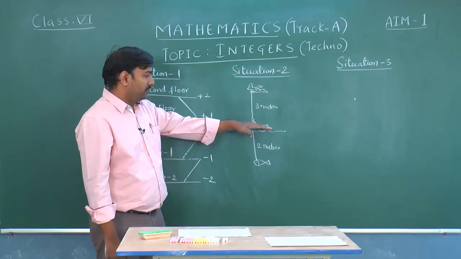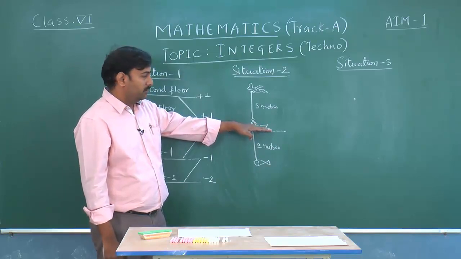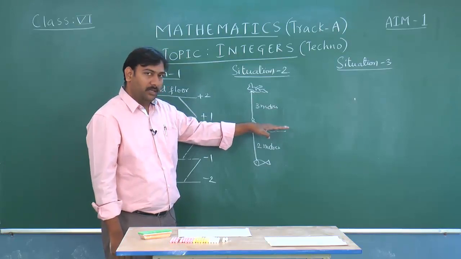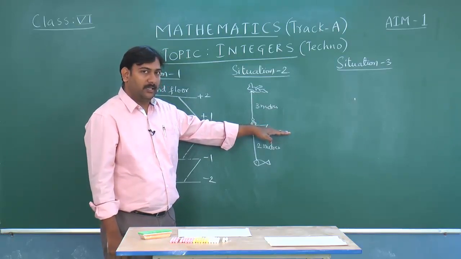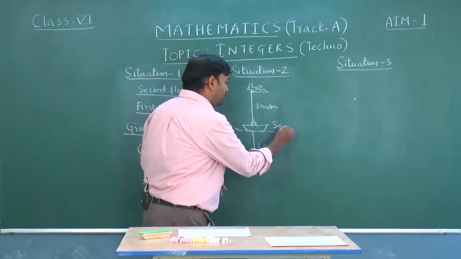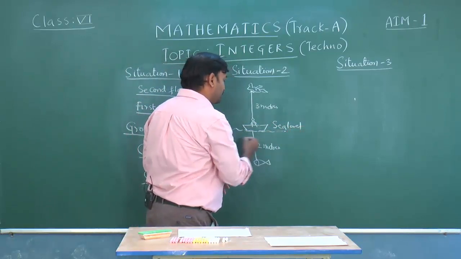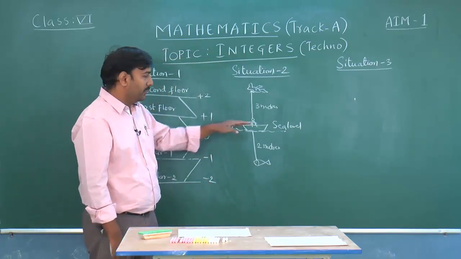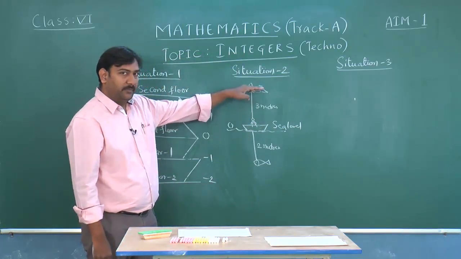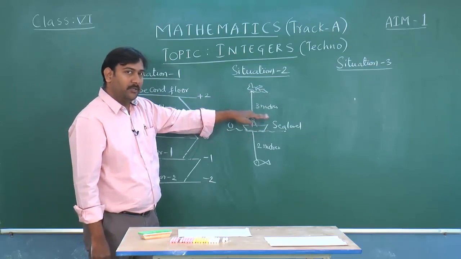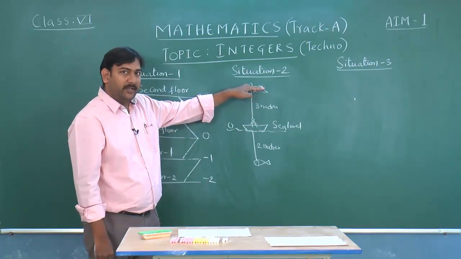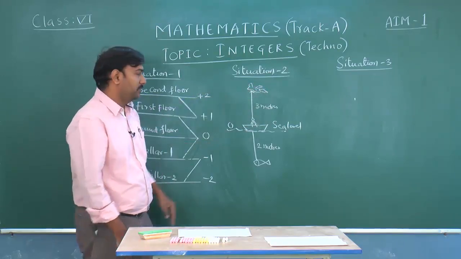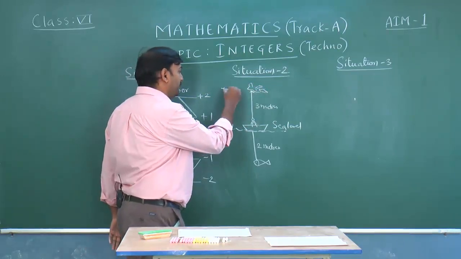The situation we observe here is that the person is on the water, rowing a boat. That means the water is considered as the sea level. This sea level is considered as the 0 level, so this situation is indicated by 0. If the person is seeing the bird flying about 3 meters above the sea level, this distance is indicated by the number +3.